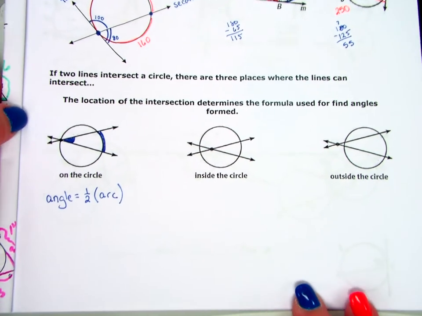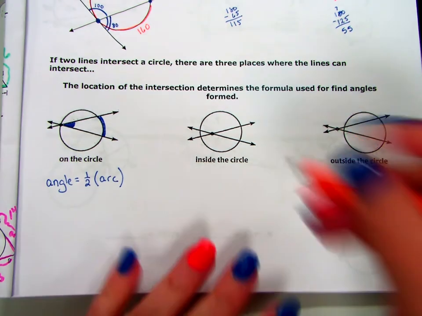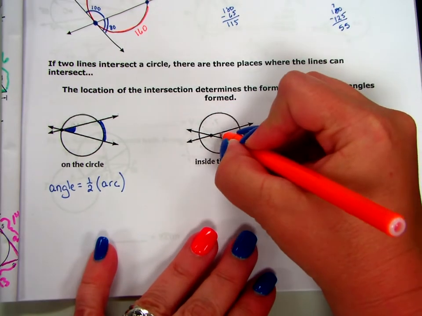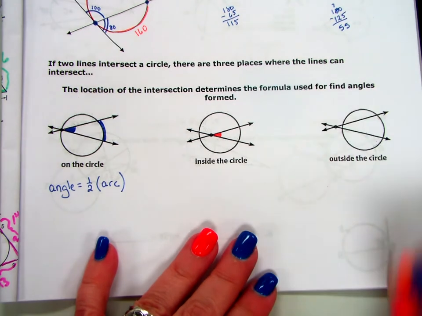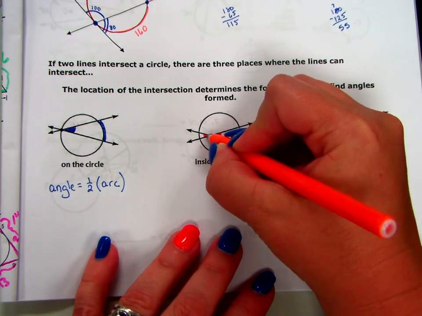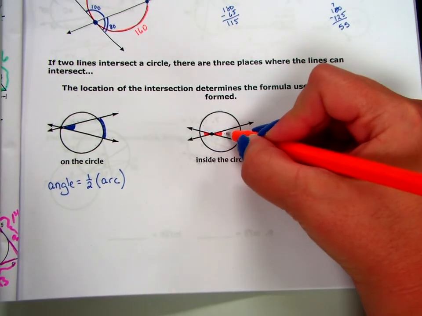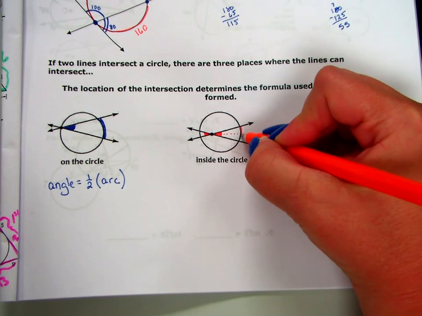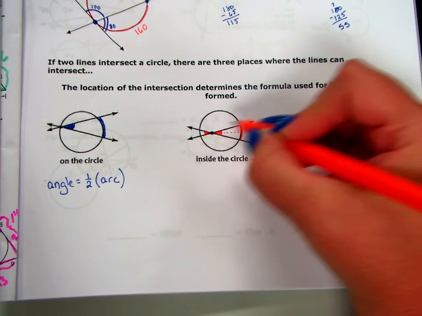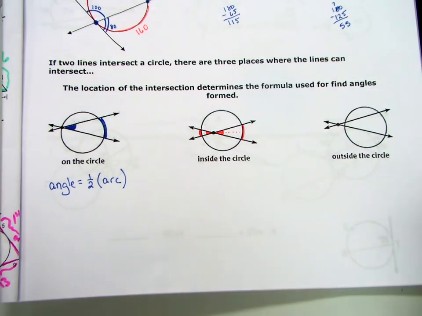Okay. The other thing is it could be inside the circle. If it happens inside the circle, then let's say I'm talking about this angle. I know that angle is vertical to this angle, so those 2 angles are the same. And if it was exactly in the center, then I would know it was a central angle and it would equal this arc. But if it's not exactly in the center, then when I go to the other side, it goes to a different sized arc.